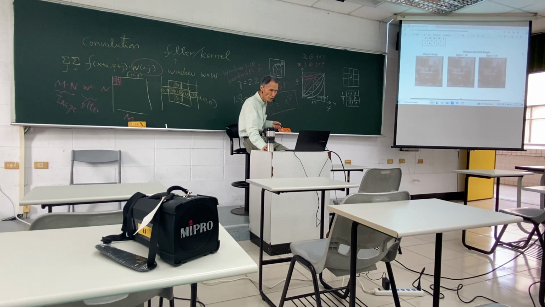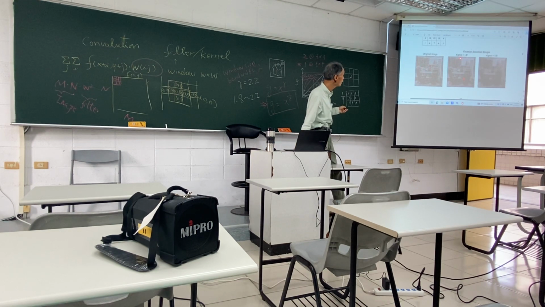So here this is the original input, and this is the sigma, the bandwidth, with sigma equal to 1, and this with sigma equal to 3. See that it is getting blurred when we use a very large sigma, and we lose a lot of detail.